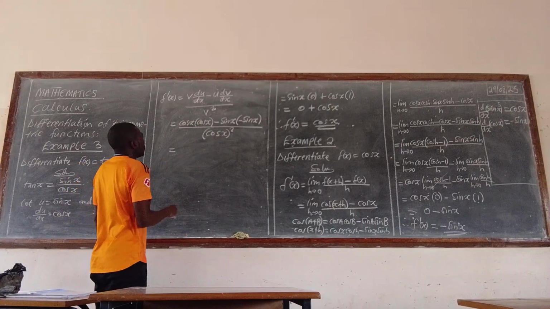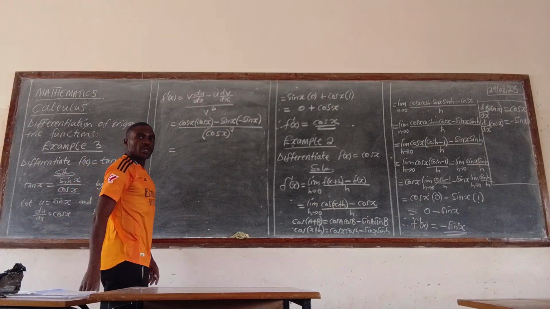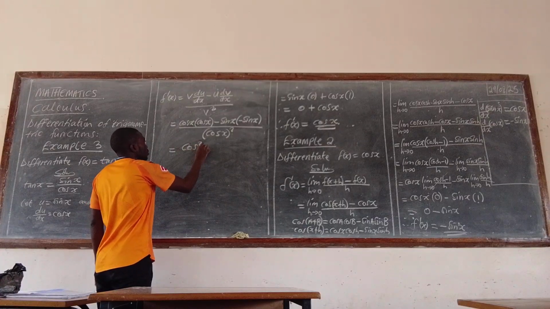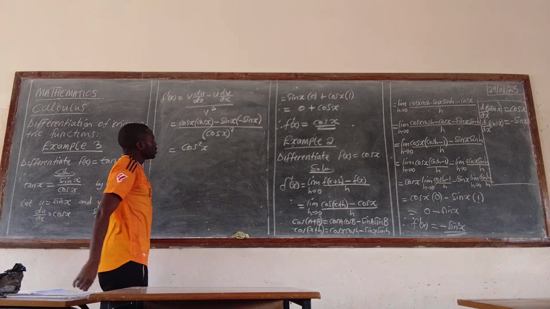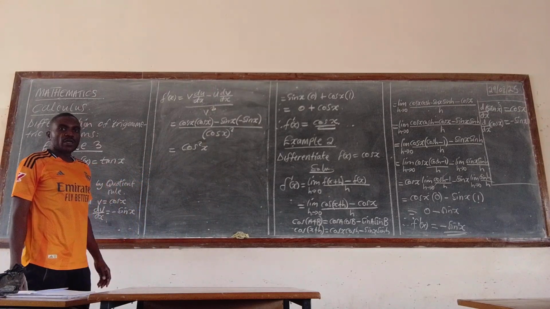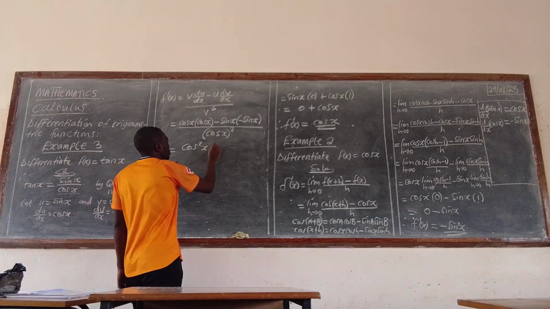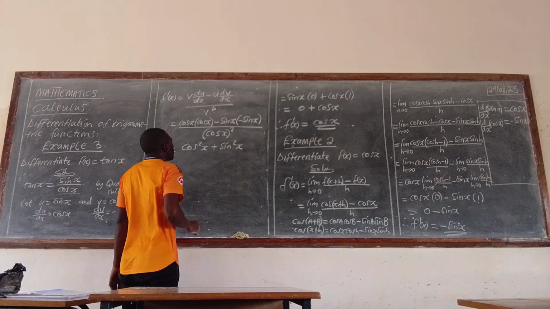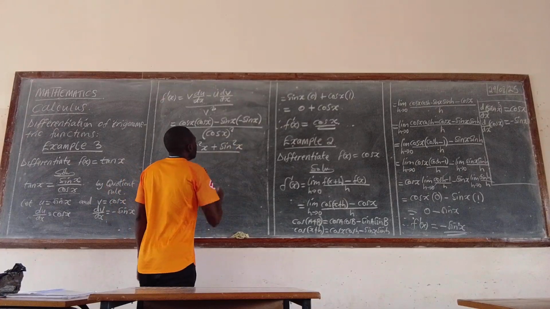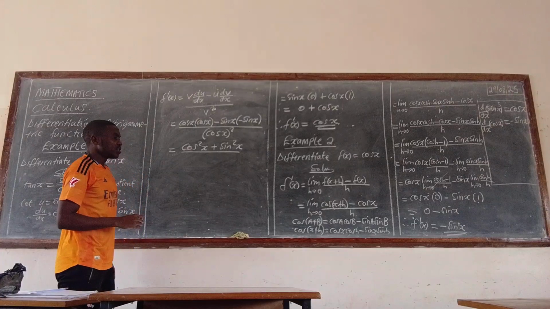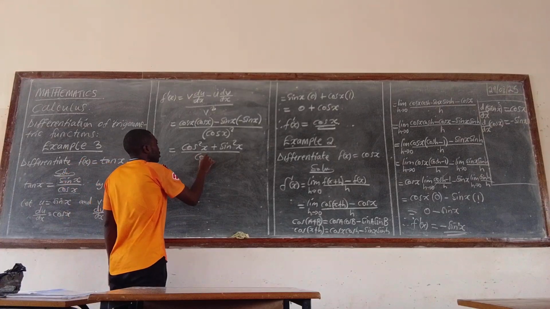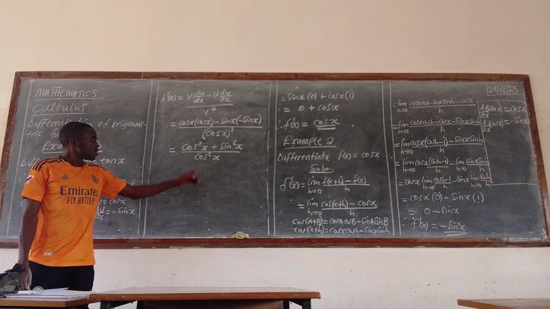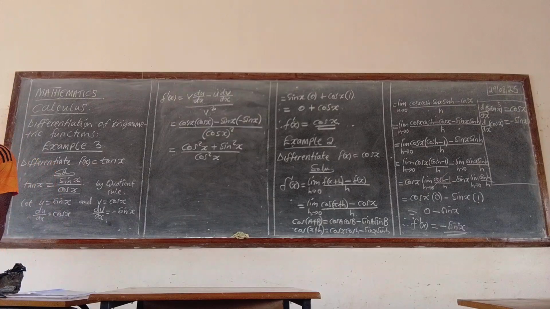Now, we can simplify this. Cos x multiplied by cos x simply gives us cos squared x. Then negative sine x multiplied by negative sine x gives us plus sine squared x, divided by cos x squared, which can also be written as cos squared x. Now, this is an identity.